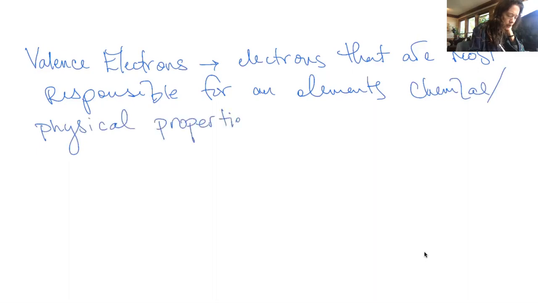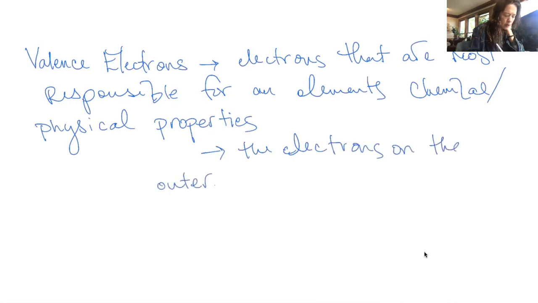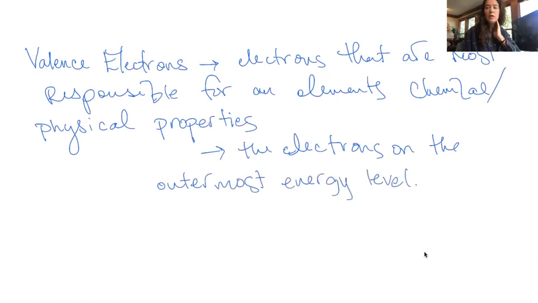And secondly, they are the electrons on the outermost energy level, okay? All right, so they're the electrons that are on the outer energy level. All right, those are your valence electrons.